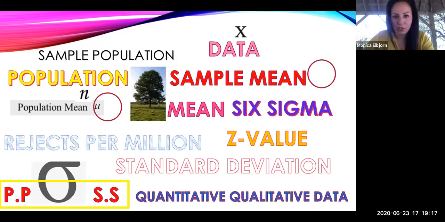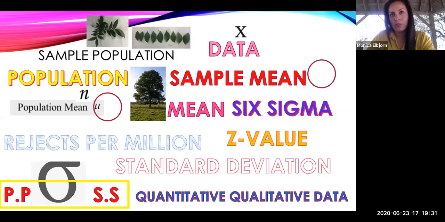So the population for my leaves will be my tree. That's my whole population. It would be really hard for me to measure every single leaf, so we take a sample of the population. That's statistics: taking a sample to draw a conclusion. So we can say, okay, the average of all the leaves is 2.5.